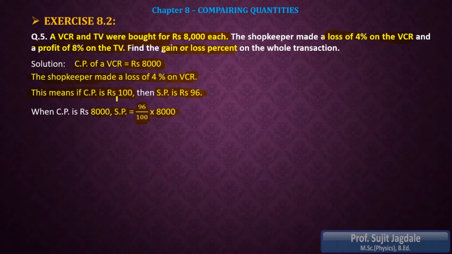Then we know how to calculate the SP with the help of CP and loss. So SP can be calculated by taking 96 divided by 100 into 8,000, that will be the total SP. So now just simplify it.